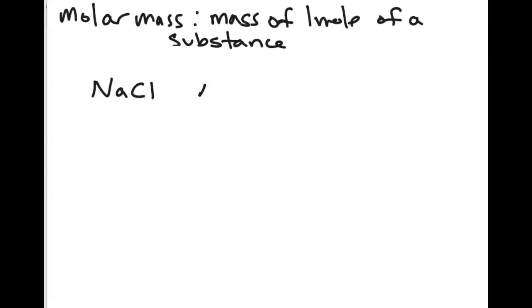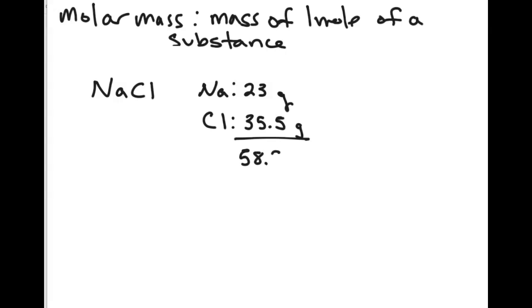But I believe sodium has a mass of 23 grams, and chlorine has a mass of, we're going to round it to 35.5 grams, and we add them together, we get 58.5 grams per mole. What that means is 1 mole of sodium chloride equals 58.5 grams. So all I'm saying is if I put a sodium together with a chlorine, the mass has to be the same as adding up the sodium mass and the chlorine mass. Okay?